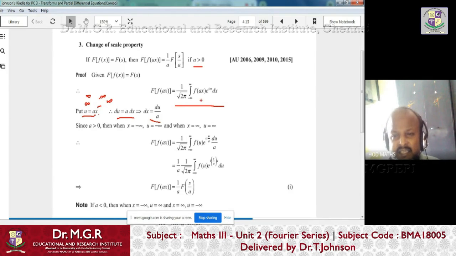If you multiply a with infinity, again it is infinity. So just like x varies from minus infinity to infinity, now u also varies from minus infinity to plus infinity. In place of ax, you can put u. Similarly, in place of x, not in place of s, you can put u/a.